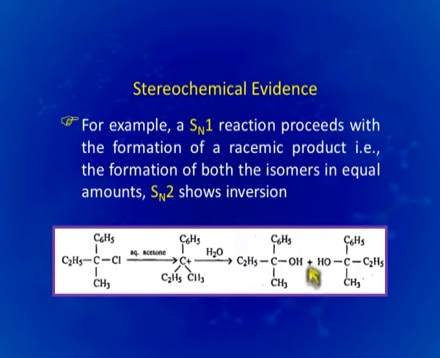If we have 50% of D, we will have 50% of the L isomer, and the optical activity by means of having equal amounts of both the isomers becomes 0. We call such a mixture the racemic product. This is what is depicted by an SN1 reaction.